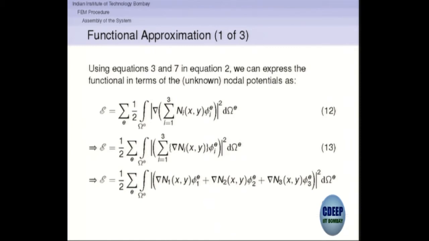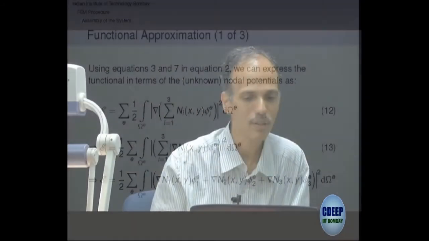You are not making them vary as a function of x and y, they are just taken as variables, right. And eventually you will see that the energy is made to vary as a function of phi 1, phi 2, phi 3, because then the energy is minimized, right.